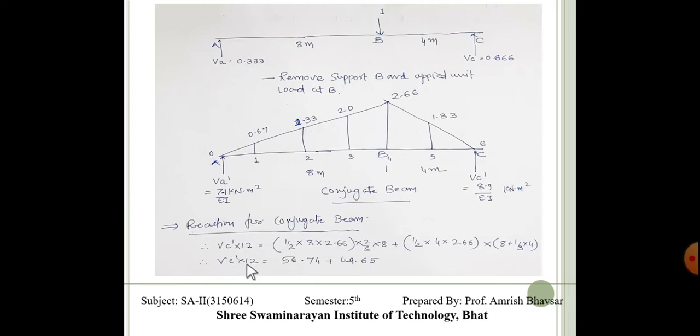Reaction for the conjugate beam Vc' into 12 is equal to 1/2 into 8 into 2.66 into 2/3 of 8, taking moment at point A, plus 1/2 into 4 into 2.66 into 8 plus 1/3 of 4. So we can calculate Vc' over here, the reaction of the conjugate beam.